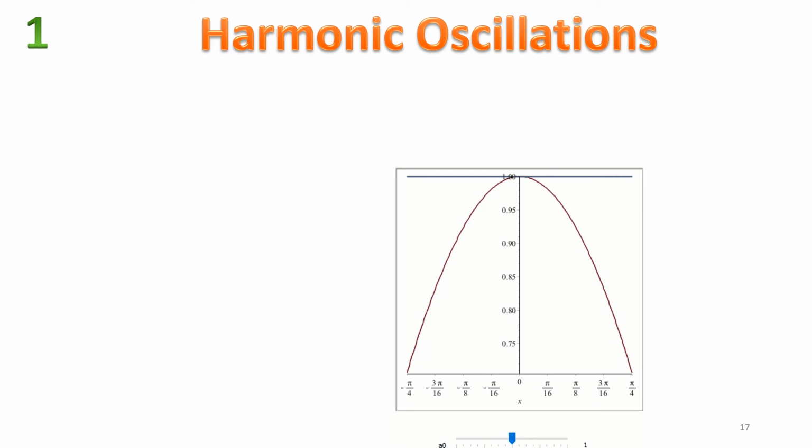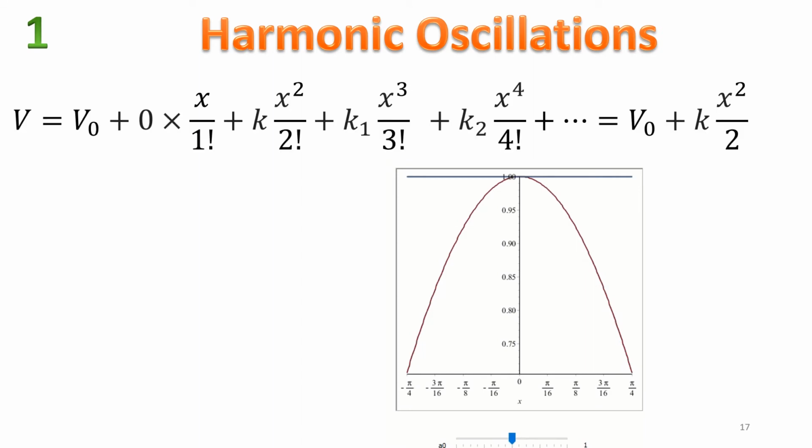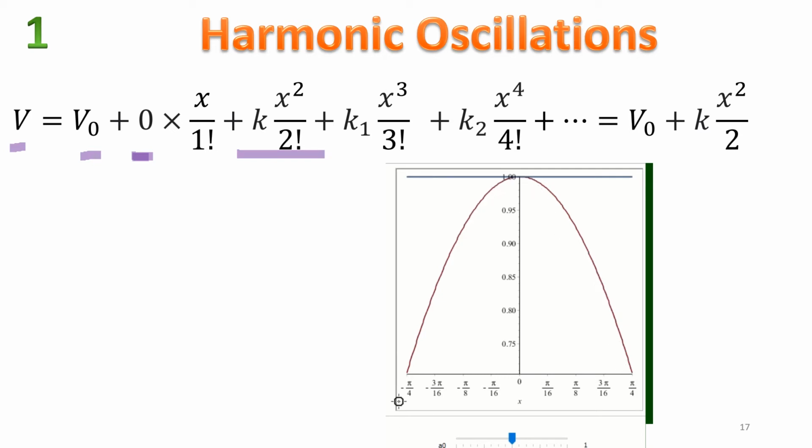Similarly, for the expression for V that we have considered on the last slide, I would advise you to go back to the last slide by pausing the video. You can record V is equal to V0 plus k times x square by 2 factorial, and so on. So here this quantity is 0 because the first order derivative has vanished, and that is for the extrema, maxima, minima condition of the function in the range minus pi by 4 to plus pi by 4.